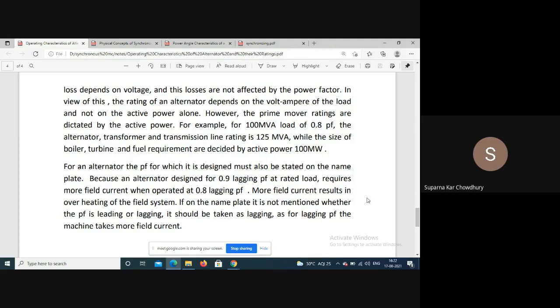So the lower the power factor, the more will be the demagnetization effect. So for a lower lagging power factor, the machine will require more excitation.